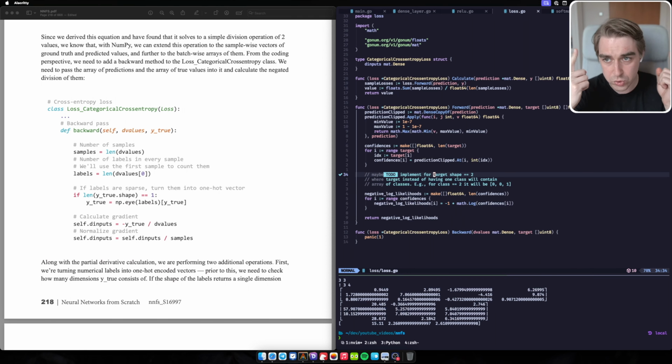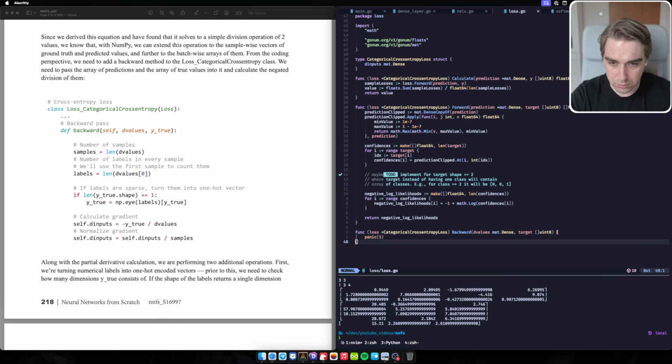There are two ways to define the target classes. The first one is that for every set of the input values we will have one value, and this is what I have here. For example, I have a pair of values like 1, 2, and the predicted class should be first.